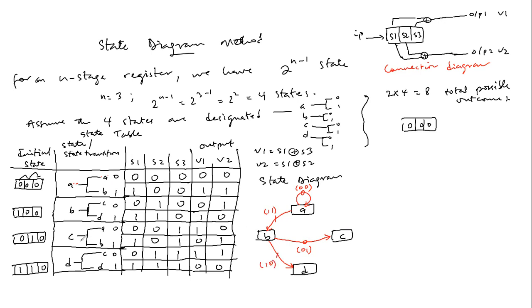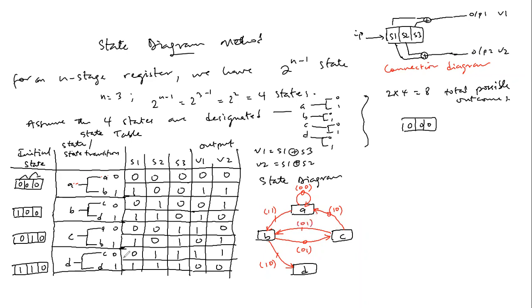Also, from C to A, it emits a 0, and the output is 1, 0. And from C to B, when it emits a 1, then the output is 0, 1.